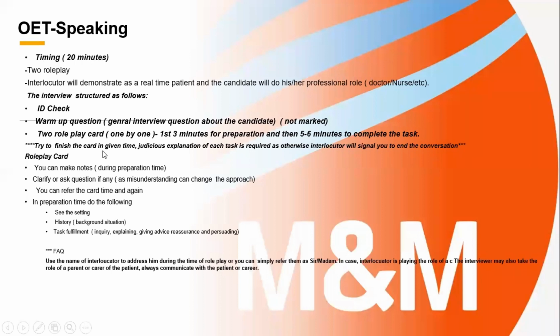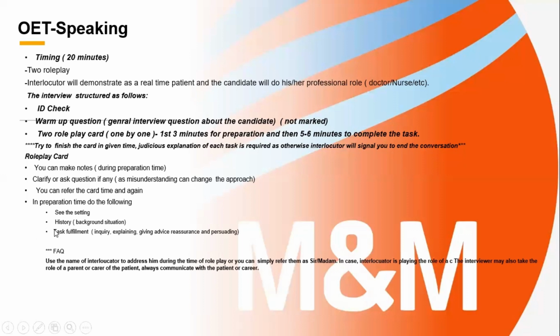So you have to see that time distribution is also important because there are different tasks you need to achieve in time. You can make notes during the time. And importantly, you can ask any question. It's not important for you to make eye contact during OET. However, we do appreciate it if you can.